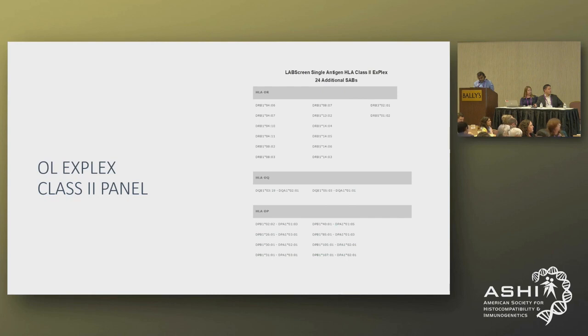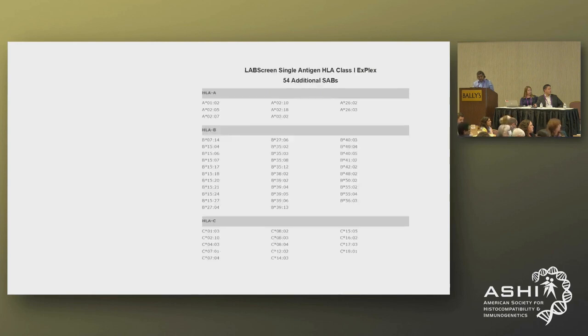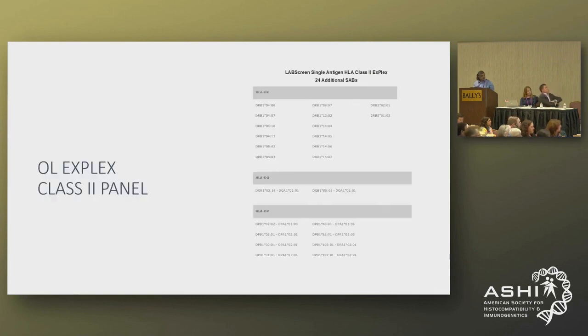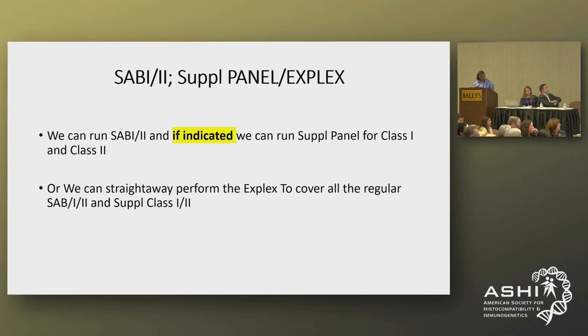Okay, so that is a list of the additional alleles which you can get from One Lambda. That is for class 2. If you want to do this assay, you can either do SAB class 1 and 2 first, and then decide, depending on the donor and recipient typing, which one you want to do, either only the class 1 supplemental panel or the class 2 supplemental panel.